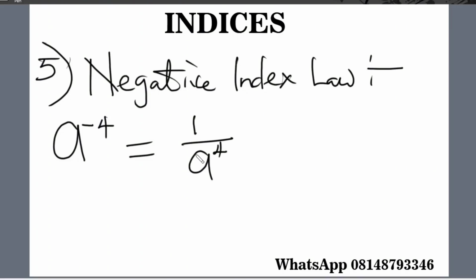Let's take another example. Assuming we have a raised to power negative m, how do you go about this? First of all, you recall the negative index law, which states that whenever a base is raised to a negative index, the base here is a and it is raised to a negative index, so we have minus m.